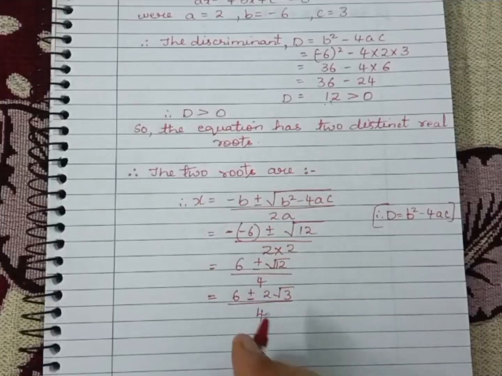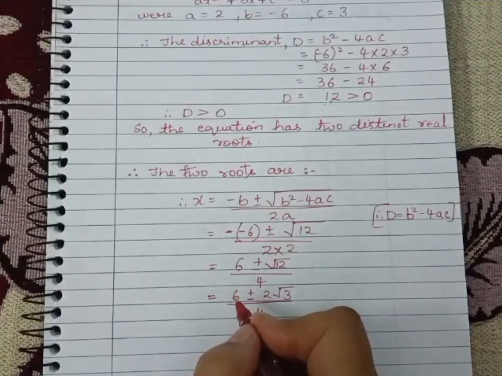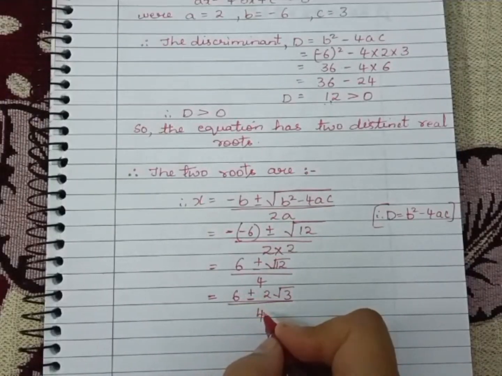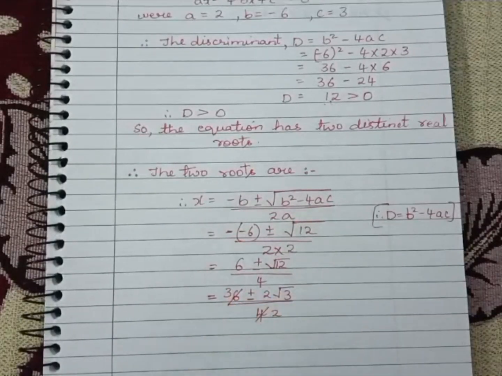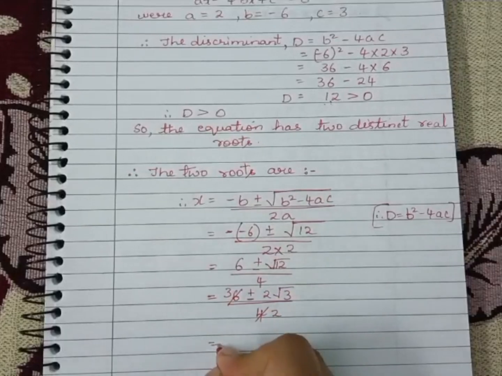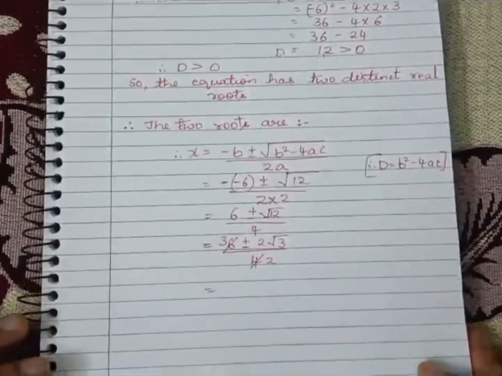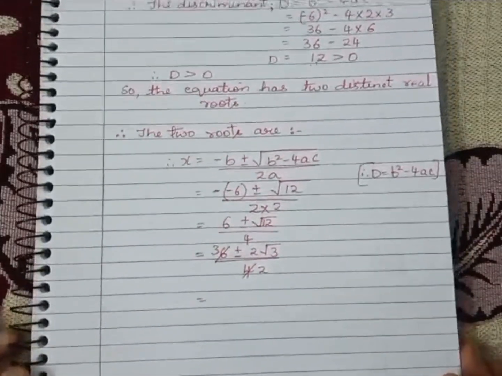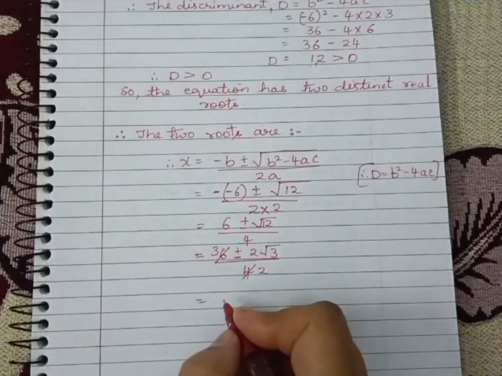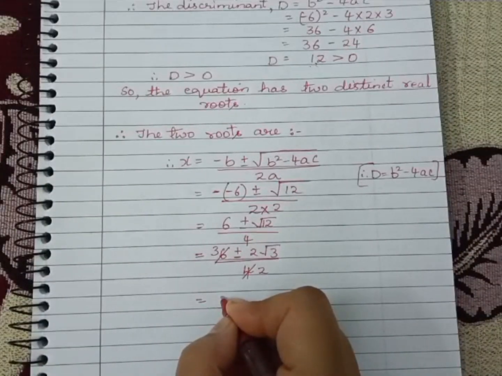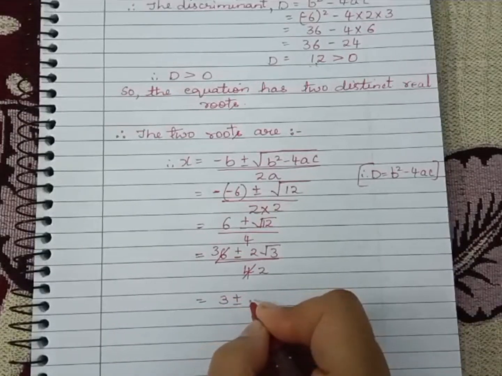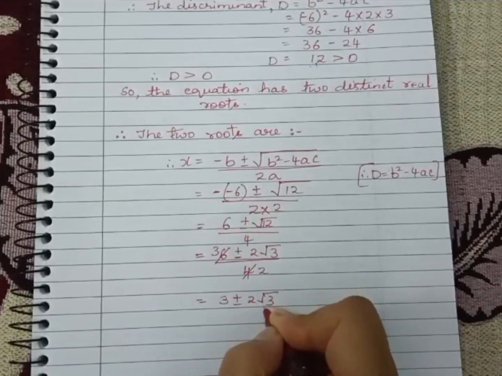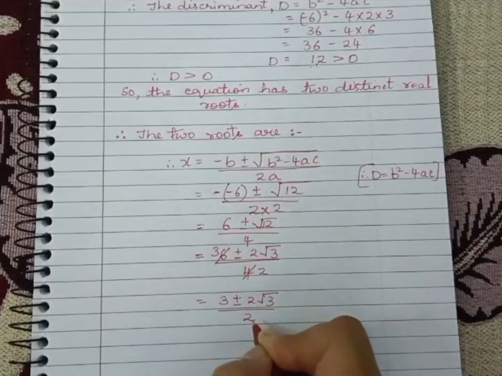So thus we are going to do cross multiplication as 2 2s are 4, 2 3s are 6, equal to 3 plus minus 2 root of 3 by 2.